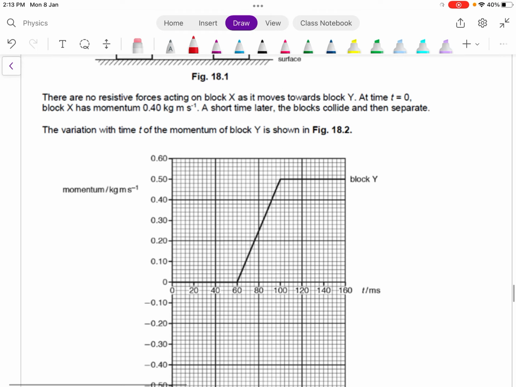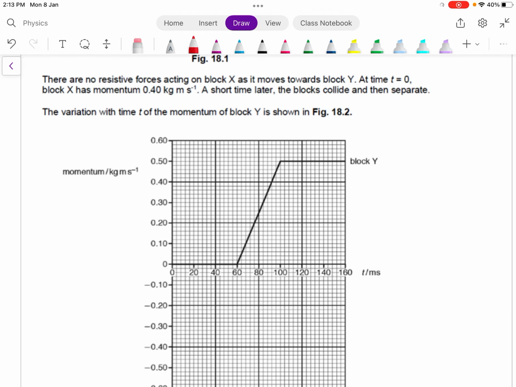At time equal to 0, block X has a momentum of 0.4. A short time later, the blocks collide and then separate. We are given the block Y momentum time graph, so let's analyze what is going on. From 0 to maybe 60 seconds, the momentum of block Y is equal to 0.